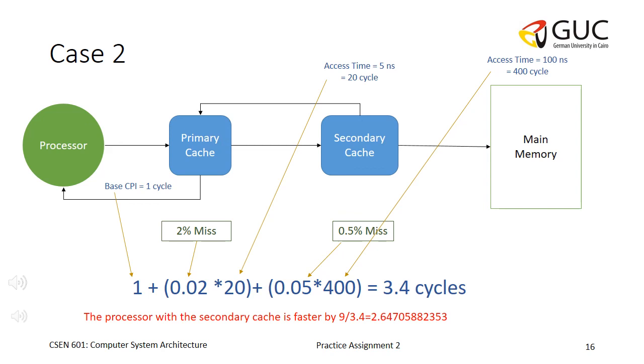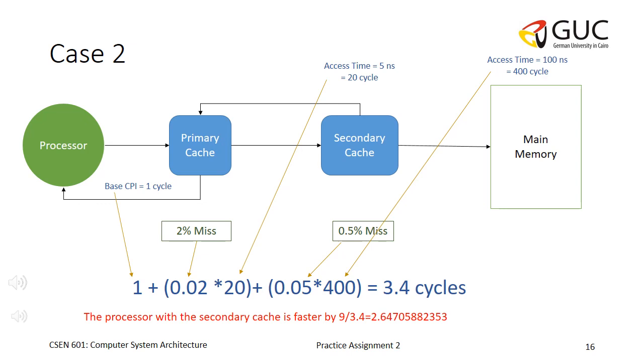This port, as we mentioned before, is the one that costs the most cycles or the most delay. Accessing the main memory costs 400 cycles, but at which rate are we going from the secondary cache to the main memory? It's only 0.5 misses, which is an input in the question. So now we have all the attributes.